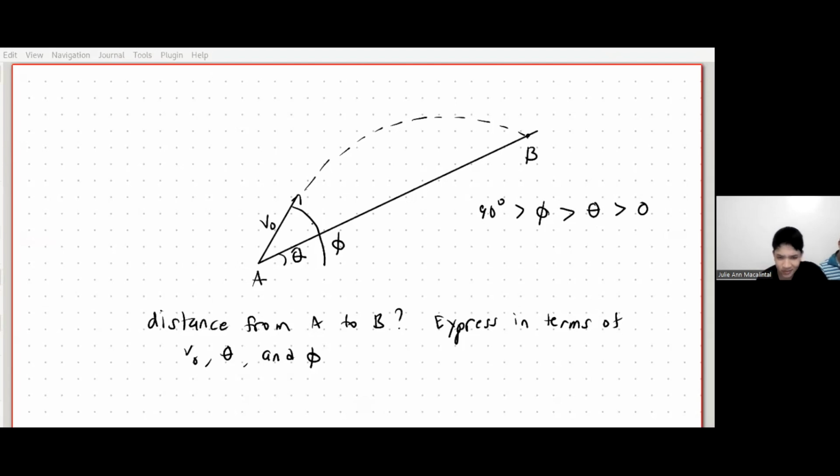And then later, we're going to plug in the values you obtain. Pero what you want is something more abstract. Like, what is the distance from A to B in terms of those variables? Syempre, may dependence on G din yan.